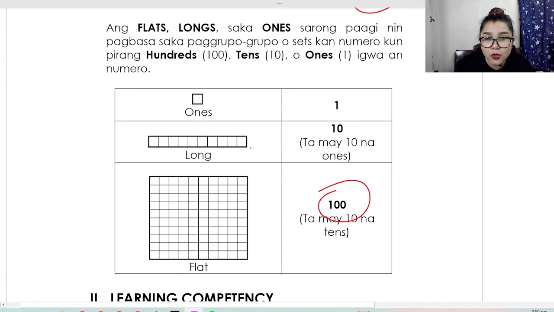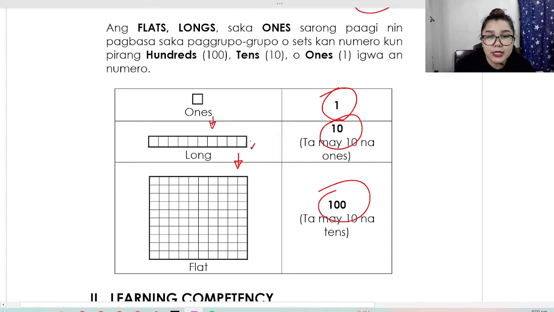And then, sa 100, may 10 na 10. Saan yung galing? Ito. If you need 10 of this, idikit-dikit, then it will make one flat. Ang long naman, ang isang haba ng long is 10. You do not need to count them one by one. And if they are separated, ayan na yan, ones.